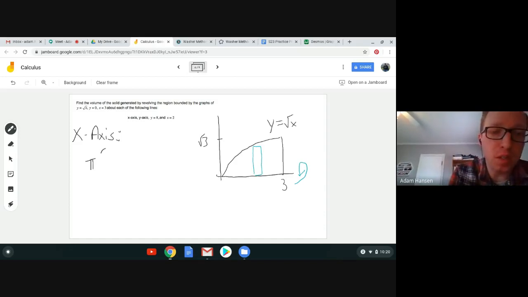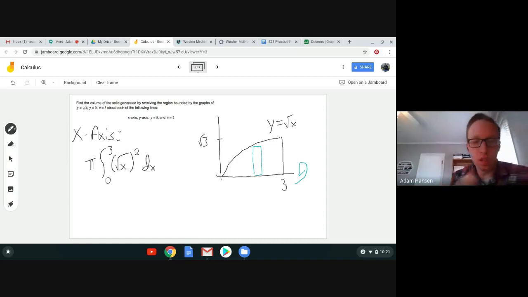Since I have a horizontal axis of revolution, this is going to be a dx integral from 0 to 3 of our radius, the square root of x, squared, dx.